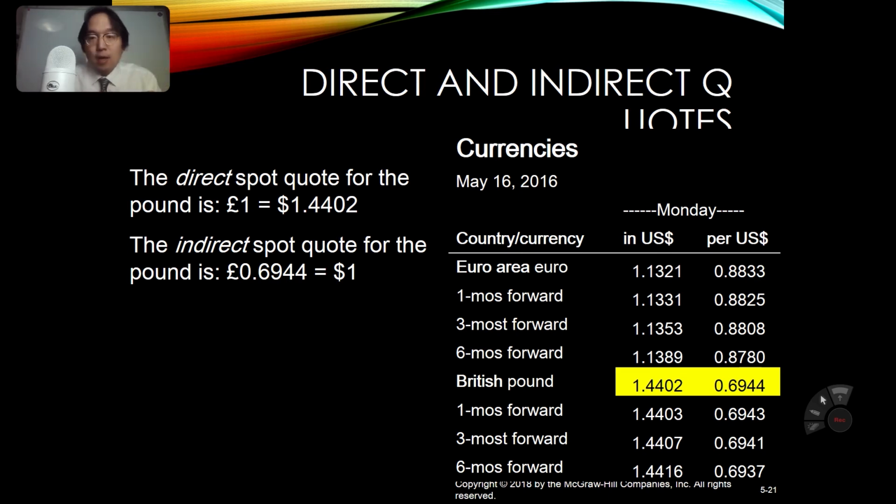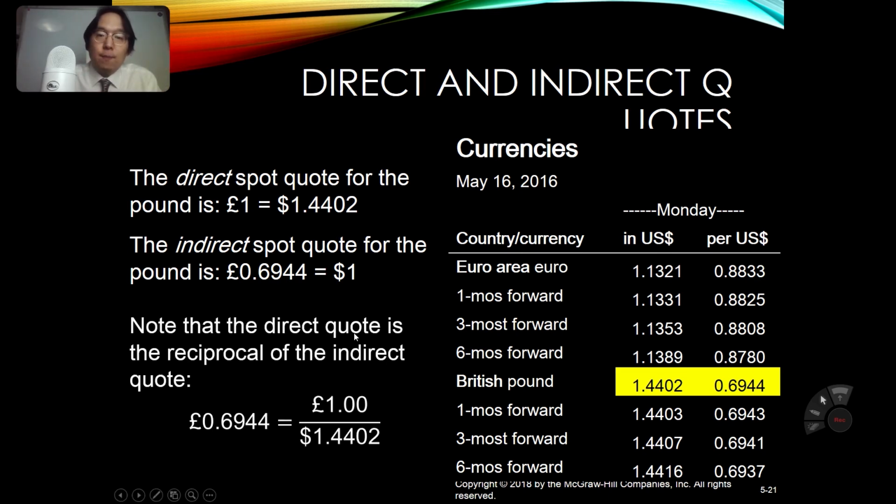That's easy. Note that the direct quote is the reciprocal of the indirect quote. So there's a reciprocal inverse relation going on.